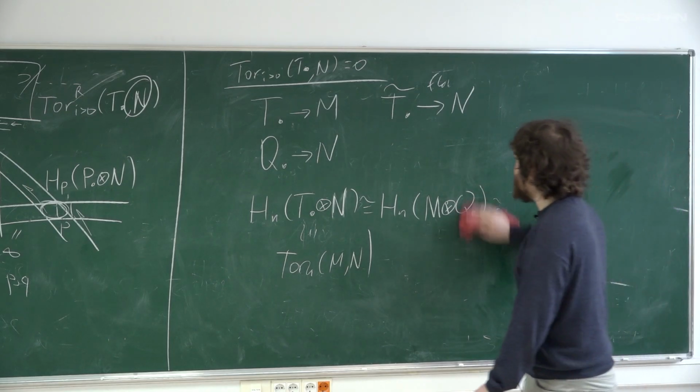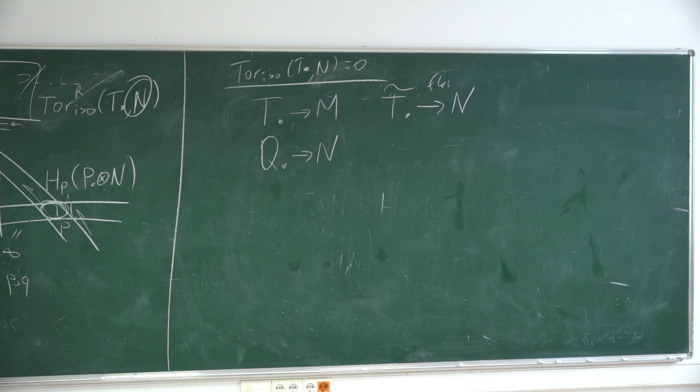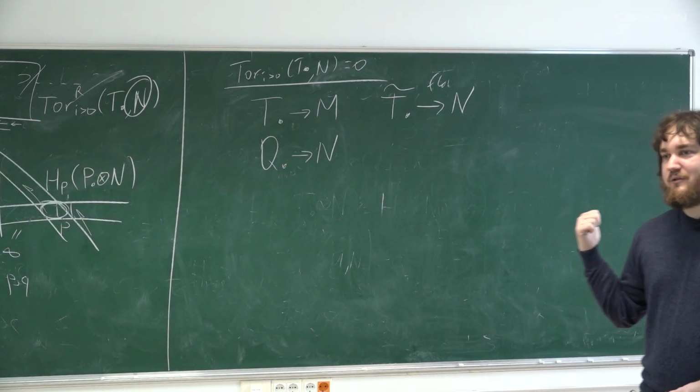And all these things work for Ext, but for Ext you obtain cochain complexes, and then you need to use degrees in the filtration and a cohomological type spectral sequence, but all of this works.